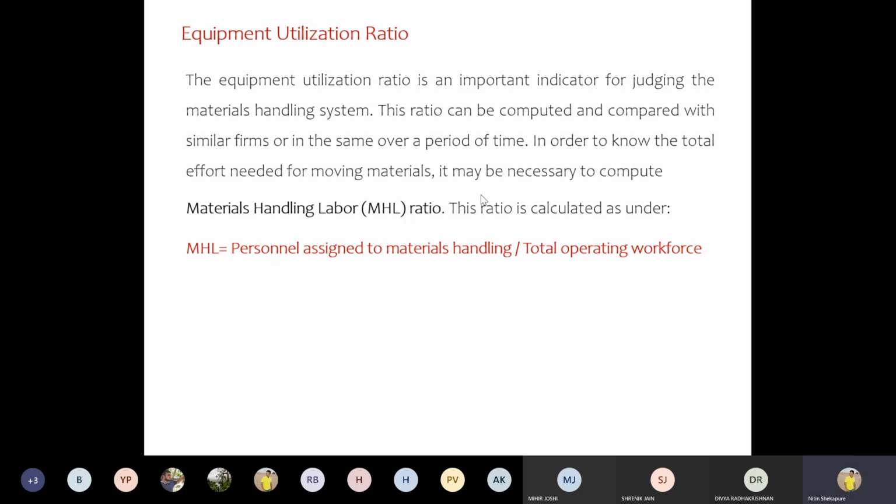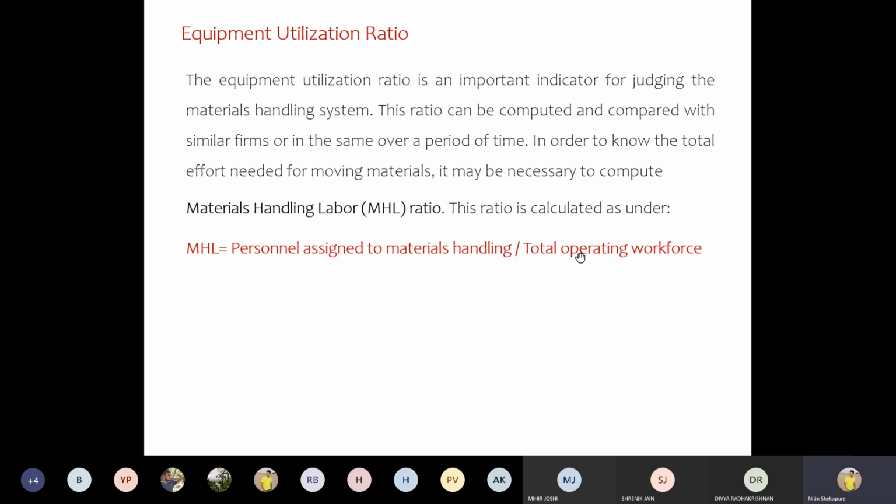What do they want to say over here? The material handling labor MHL ratio is calculated as persons assigned to material handling upon total operating workforce.